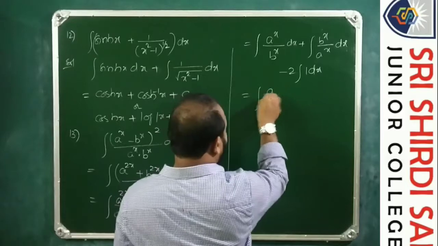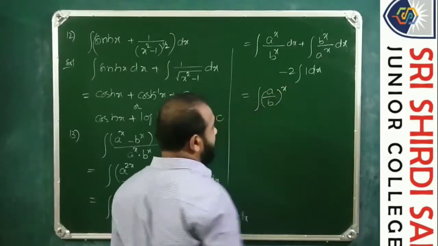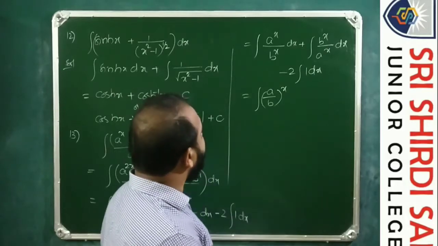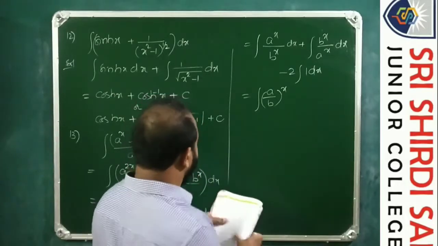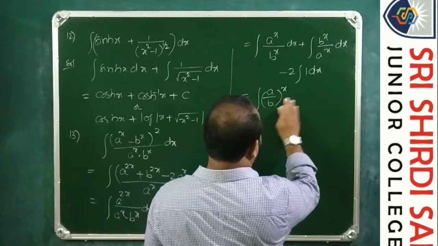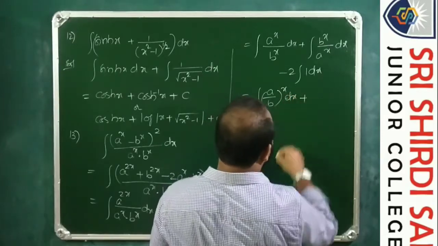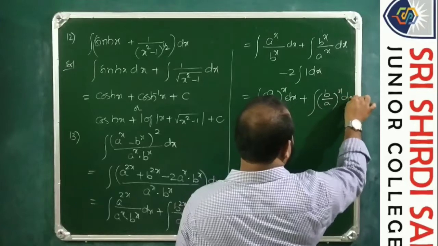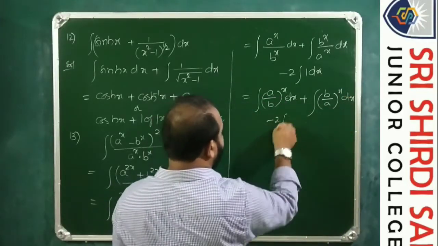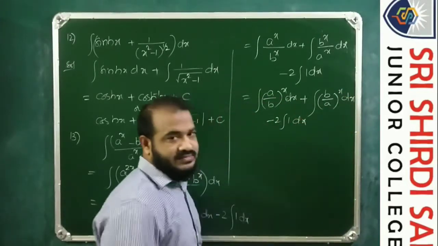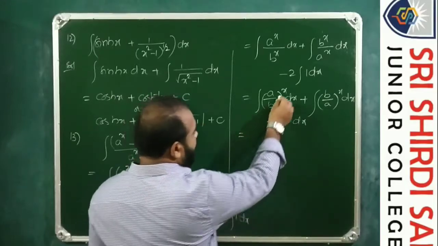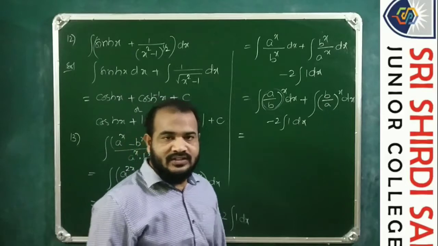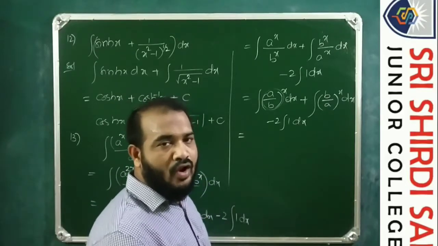So this is equal to (a/b)^x. a^x by b^x is (a/b) whole power x, dx, plus this is (b/a)^x dx minus 2 integral 1 dx. So let us suppose this to be a. Integral a^x dx is a^x by log a.